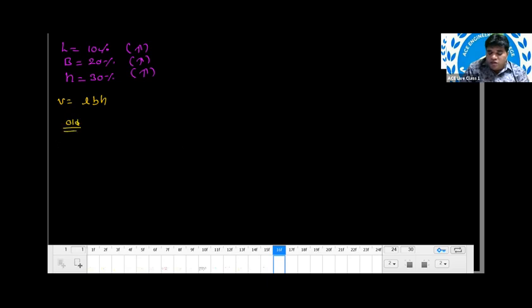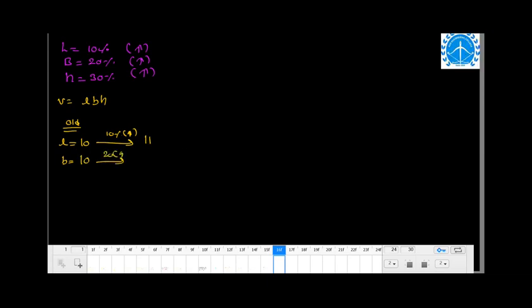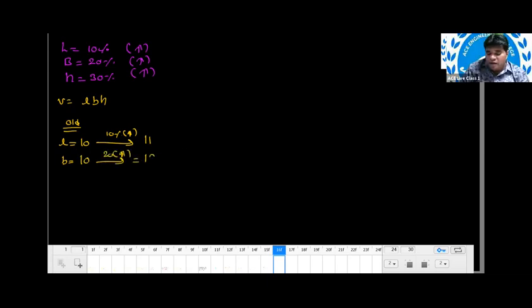Length 10% increased. What is the value? 11. Breadth, everything also take 10. 20% increase means what is the value? 12.